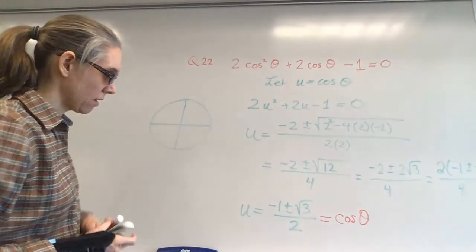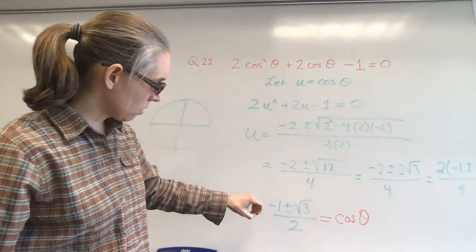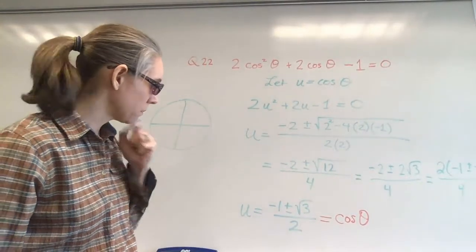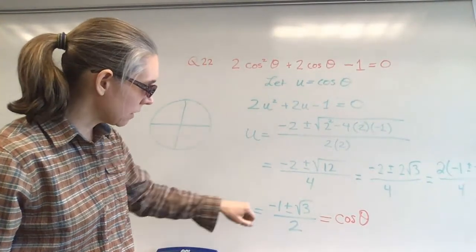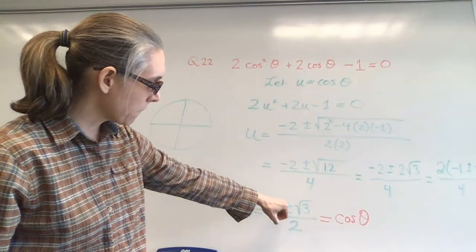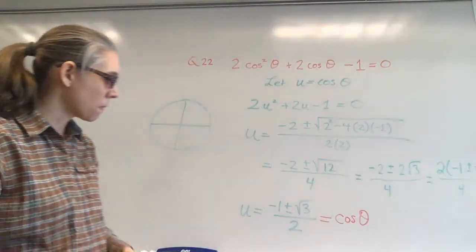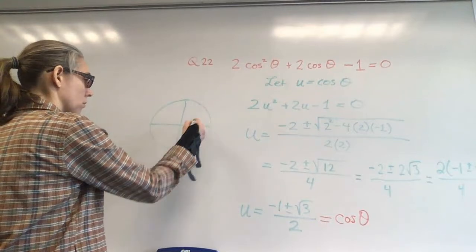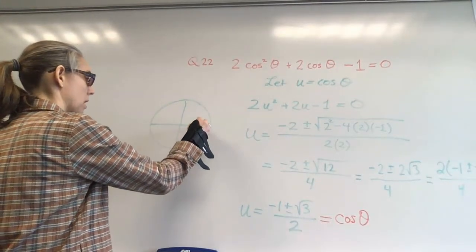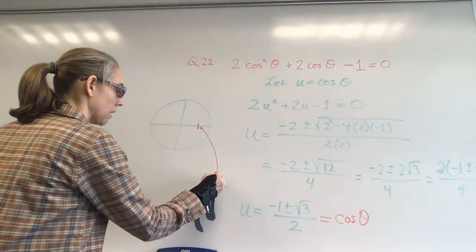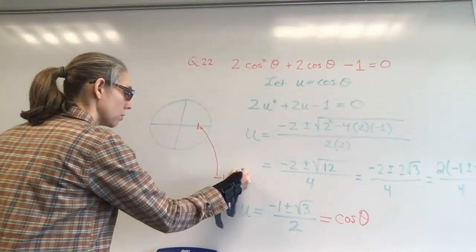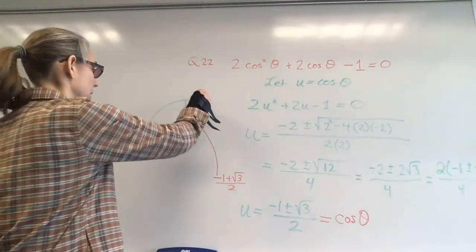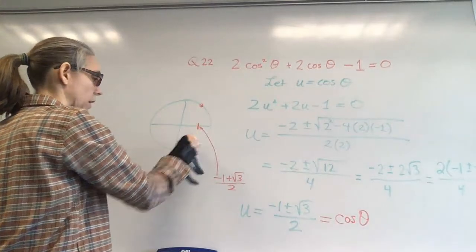We're going to have two different values that we're looking at here, so possibly 4 solutions. So one of the values is negative 1 plus root 3 over 2, which is some sort of positive value. Okay, so the first notch on the x-axis, negative 1 plus root 3 over 2, is a positive number, and it's going to yield 2 dots, right?